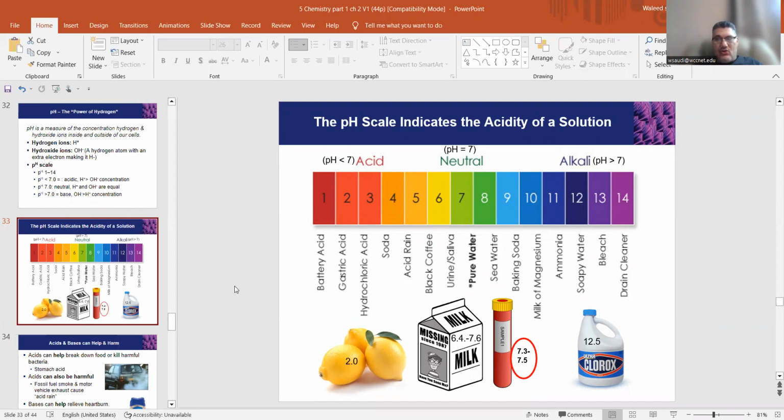Do you think acidic is more H or OH? Can somebody tell me? Acidic, more hydrogen or more hydroxide group? Does anybody know?